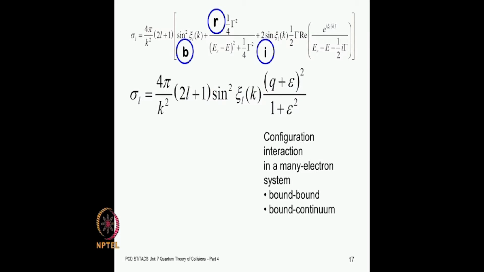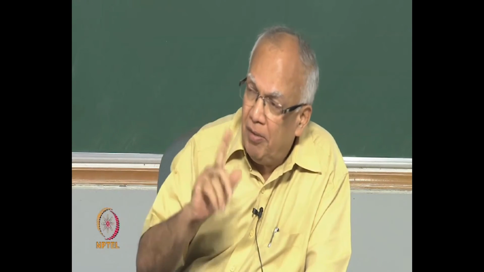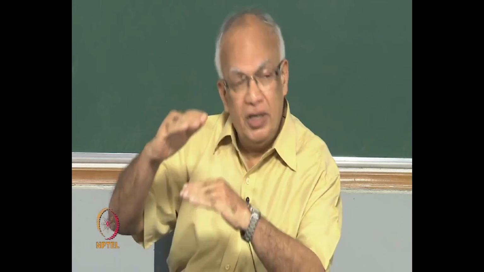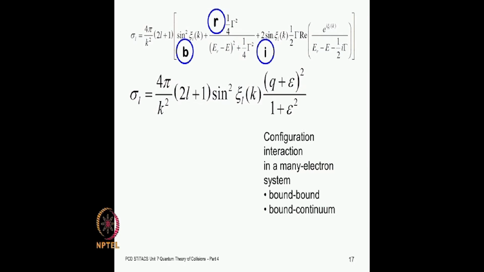Okay, in autoionization you have alternate channels which are open for the photoabsorption process. The photoabsorption can result in either a bound to bound transition from an inner electron of the atom, or a bound to continuum transition from an outer electron, because both the processes can be degenerate, and it will be a resonant process because the bound to bound transition is always between discrete levels which are quantized.